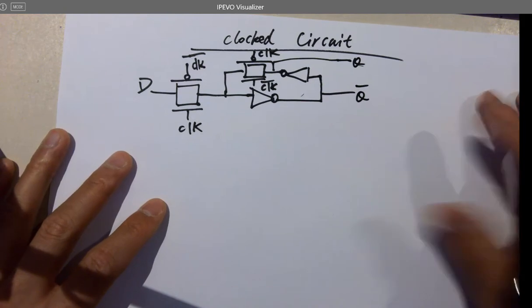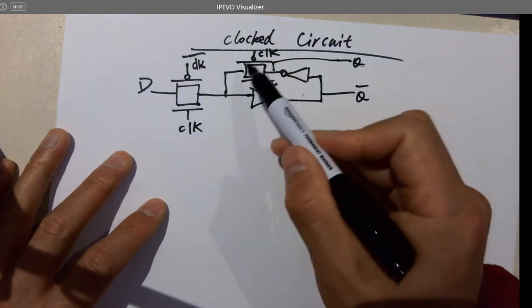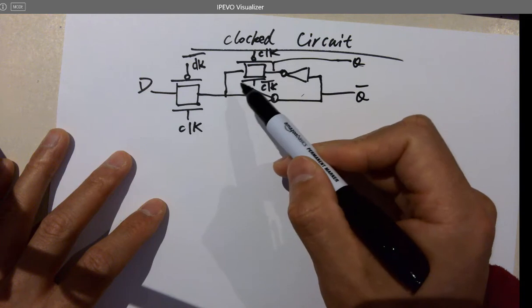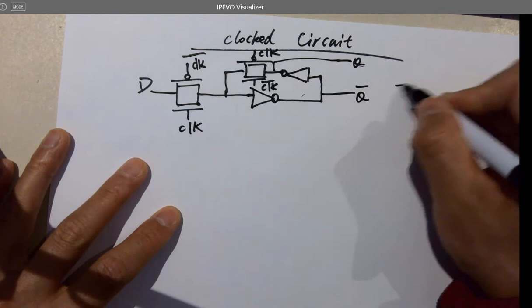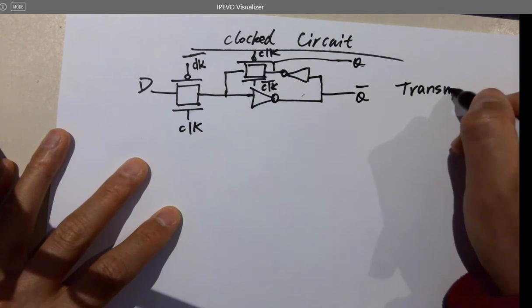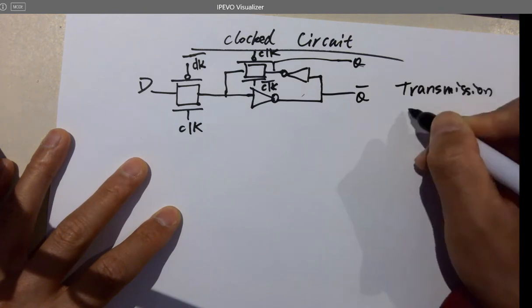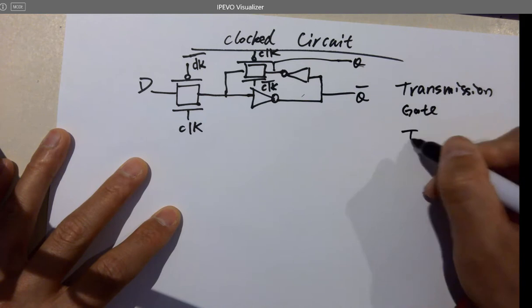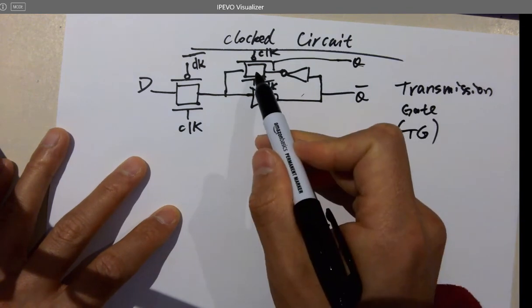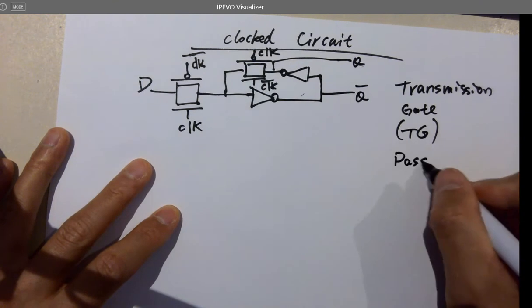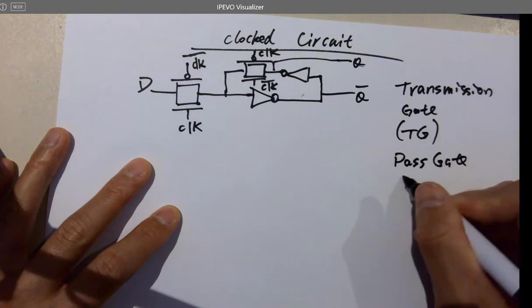One quick question. Why do we need this transmission gate? Is that a transmission gate, or TG? Yes. So what's a pass gate, or PG?